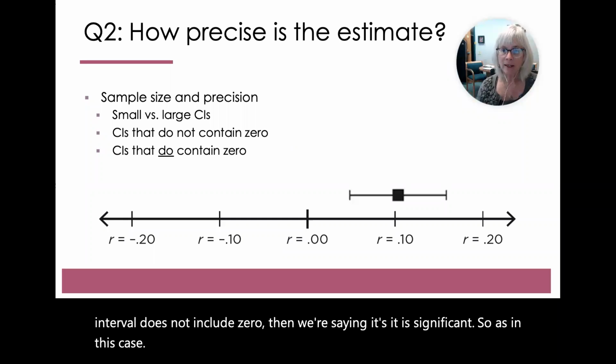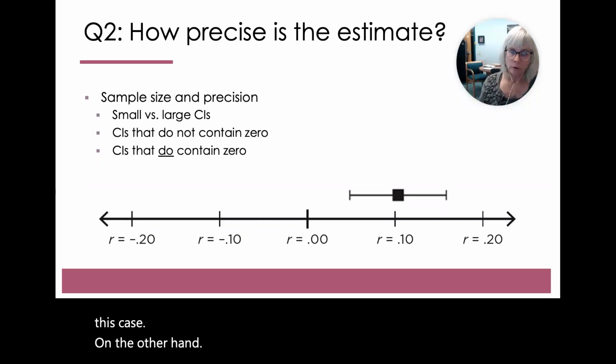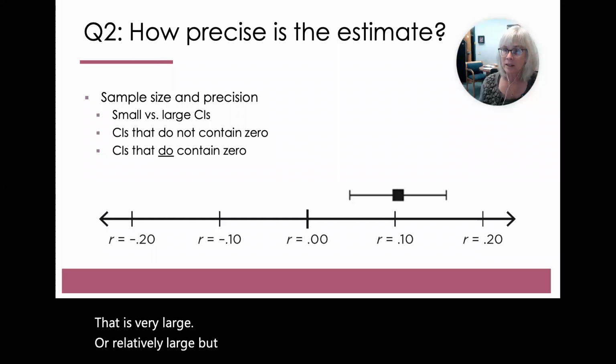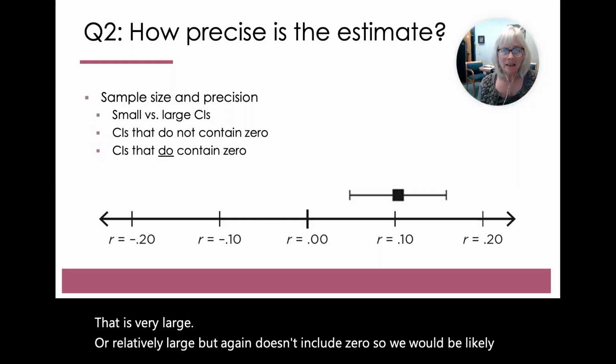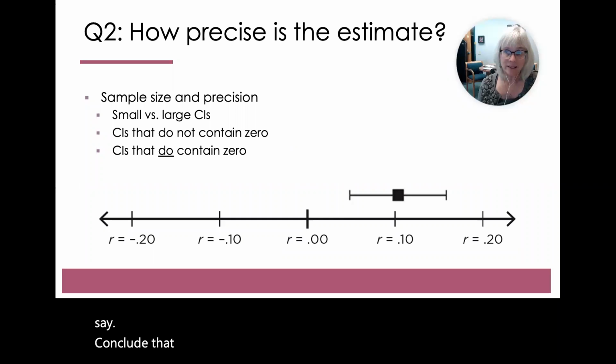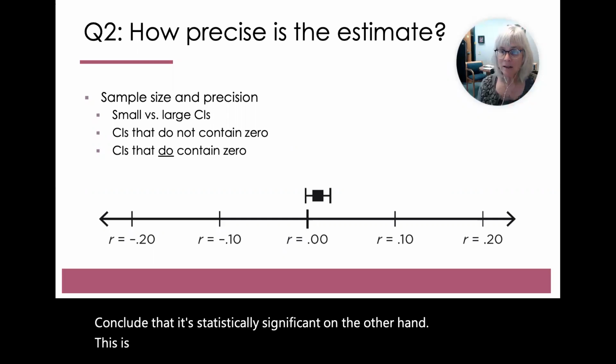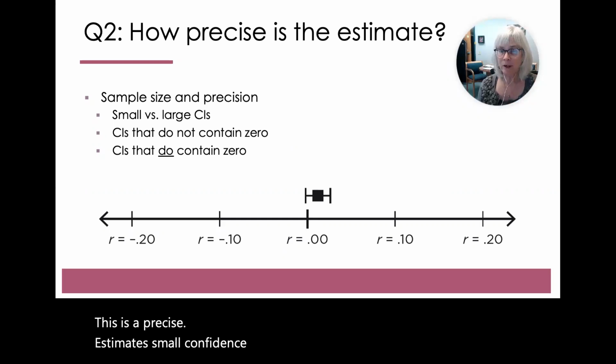On the other hand, here we're seeing a confidence interval that is relatively large, but again, doesn't include 0. So we would be likely to conclude that it's statistically significant. On the other hand, this is a precise estimate, small confidence interval, but it includes 0. So not significant.